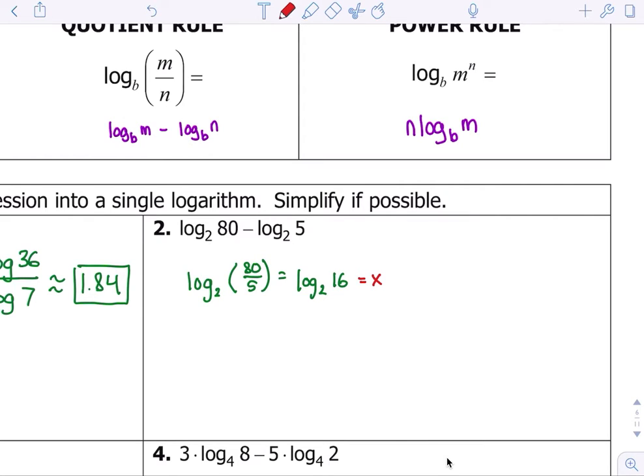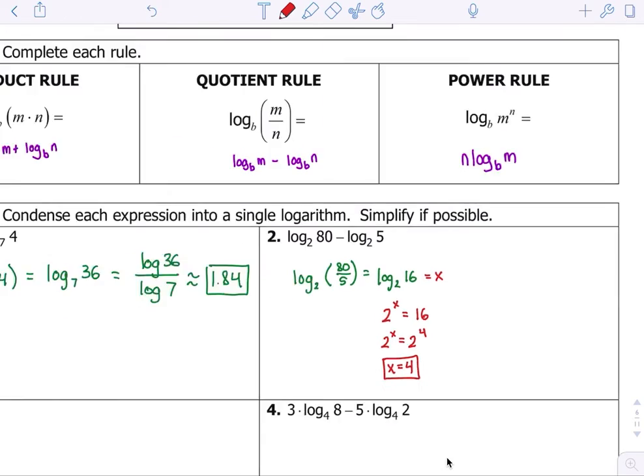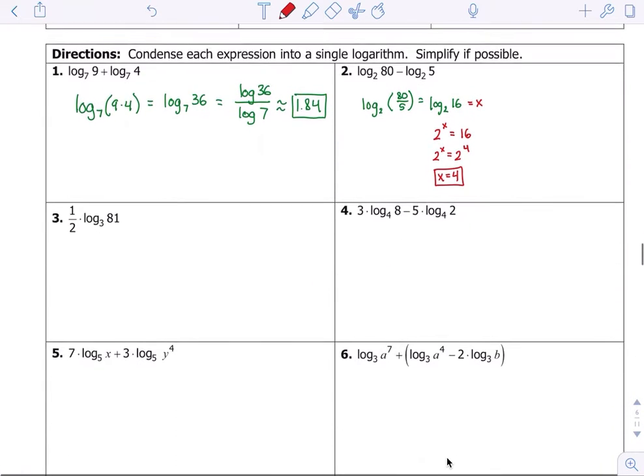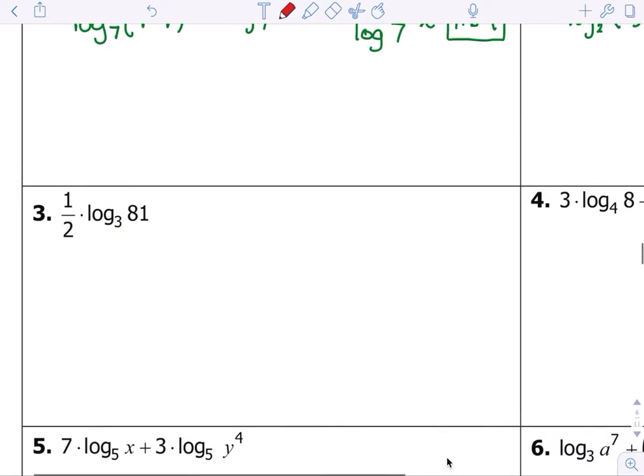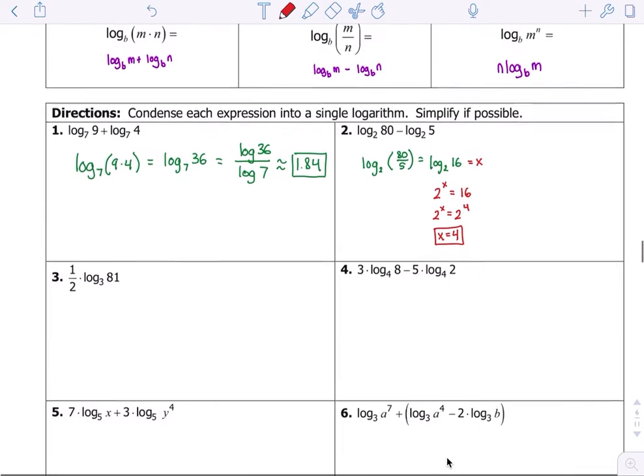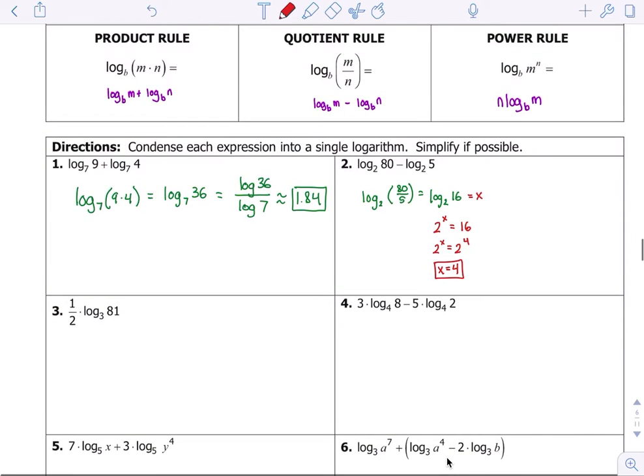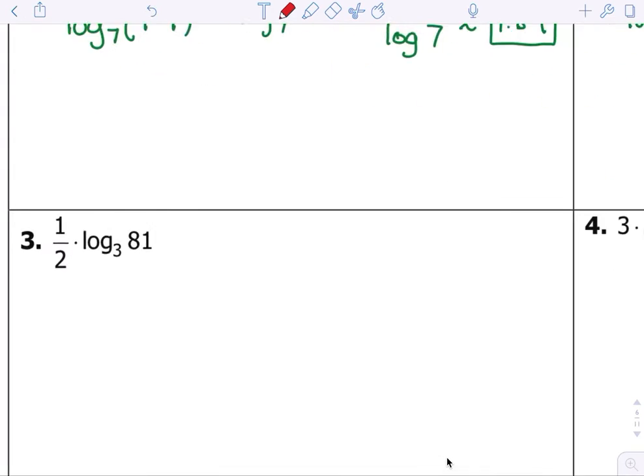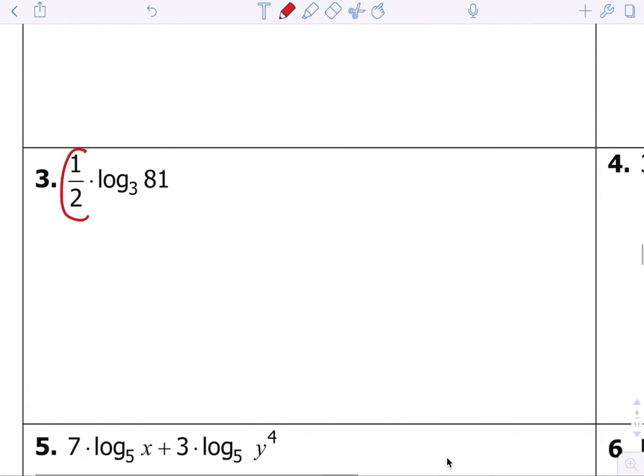So 2 to the x power is equal to 16. 2 to the x is equal to, change 16 to be a base of 2, so 2 to the 4th. x is going to equal 4.